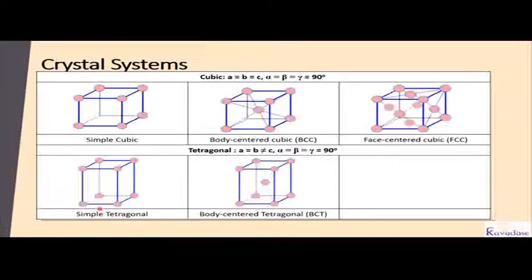This is called the tetragonal type of crystal. So the unit cells are simple tetragonal first and body centered tetragonal, BCT. So there are two types of tetragonal. Here 5 types are covered.